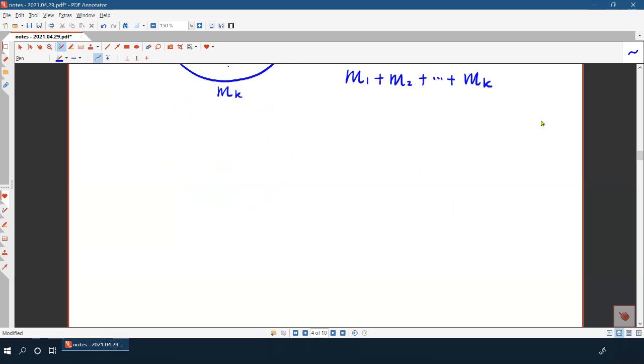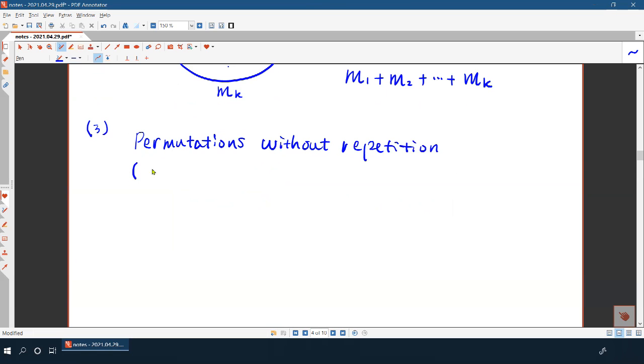No? Okay, let's see. The next one is called permutations without repetition, or it is also called sampling without replacement.